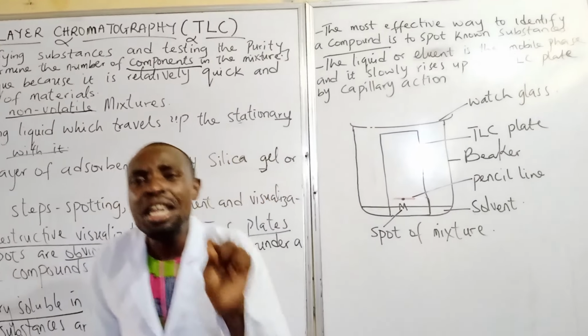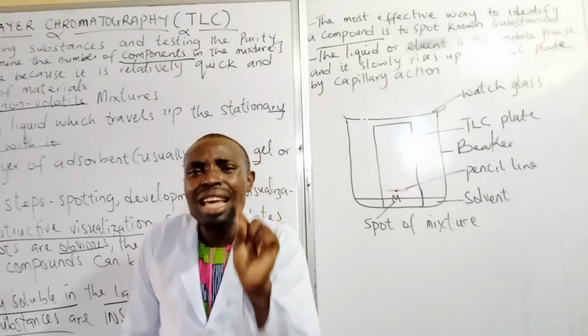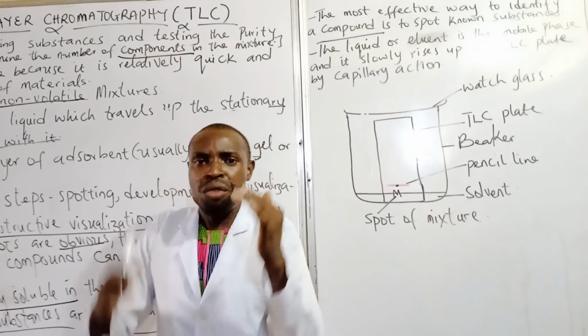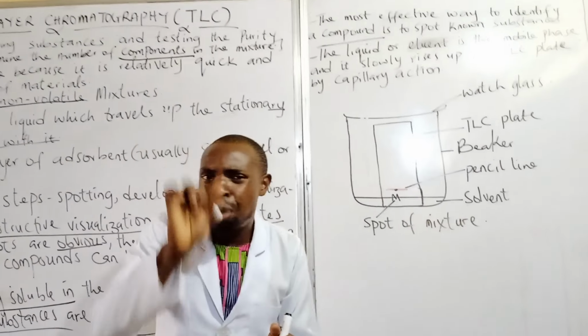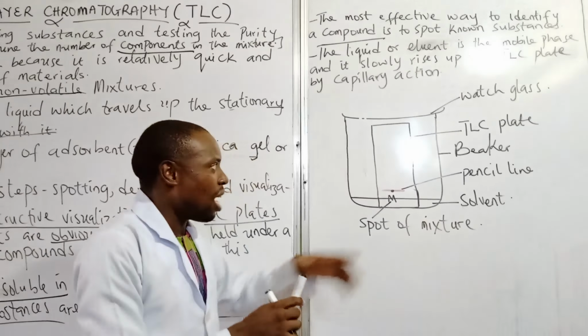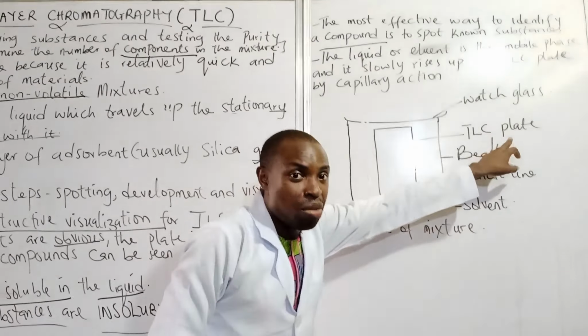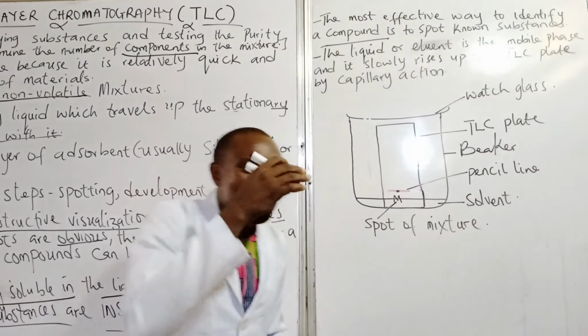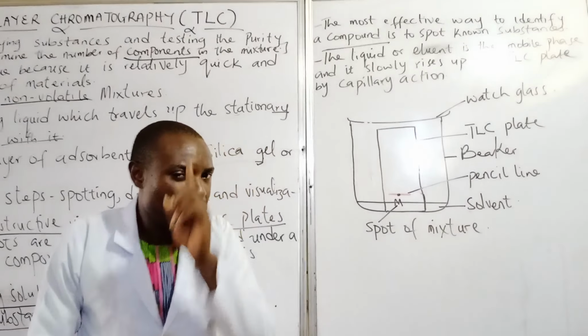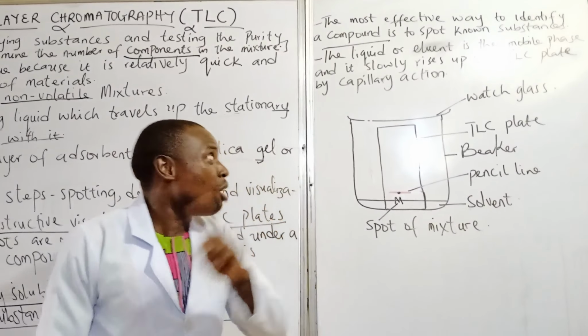So if the process should leave one spot on the thin layer chromatographic plate, as you can see here, it means that it is pure. But if 2 or 3 spots are identified, take note, it means it is impure.